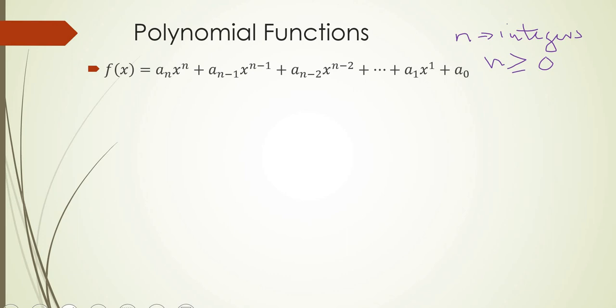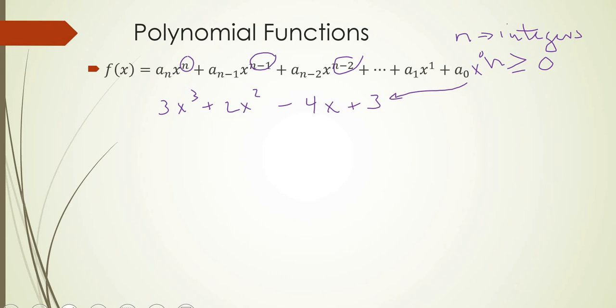So an example of a polynomial would be 3x cubed plus 2x squared minus 4x plus 3. So you notice that the powers decrease all the way down to, this would actually be x to the 0, which is just 1, so that would be my last term here. And we just name the coefficients in front with the same subscript as we do the power. That's a fancy way of writing a general polynomial function.